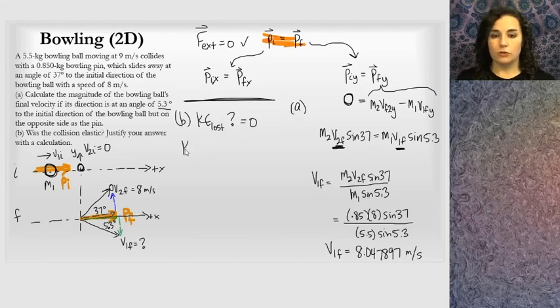Okay, so we'll do kinetic energy initial minus kinetic energy final. We can take what we know, our new equation here, P squared over 2M for energy. So we have P initial squared over 2M initial minus P final squared over 2M final. Okay, we can plug in what we know about P initial and P final.